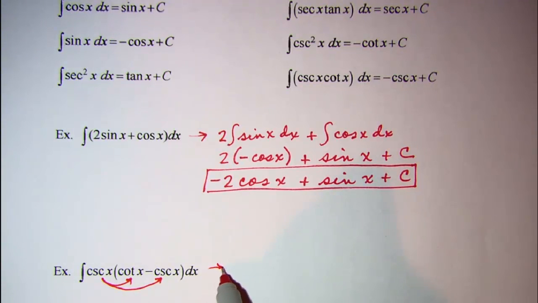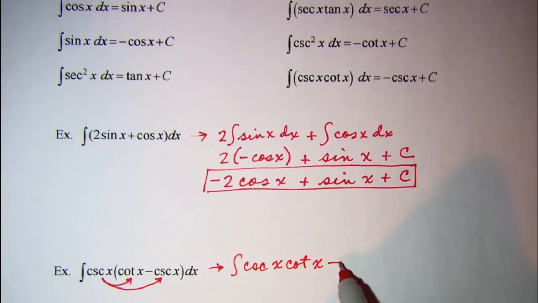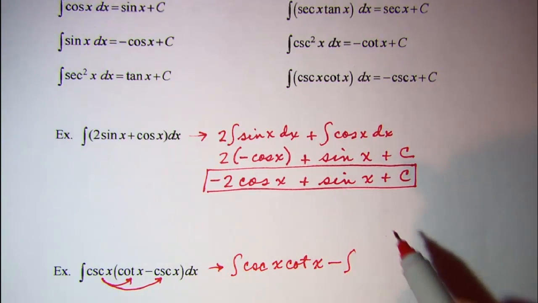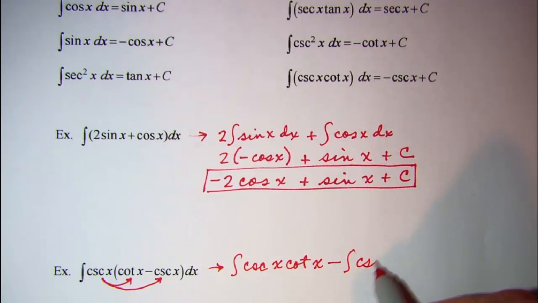So this one will be the integral of cosecant x times cotangent x minus, and then I'm going to go ahead and split it into two integrals, the integral of cosecant x times cosecant x, and that's going to be cosecant squared x.